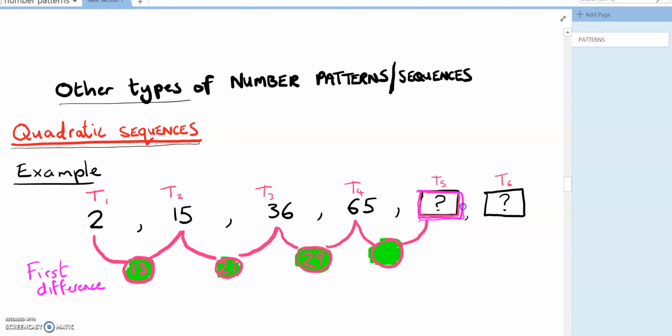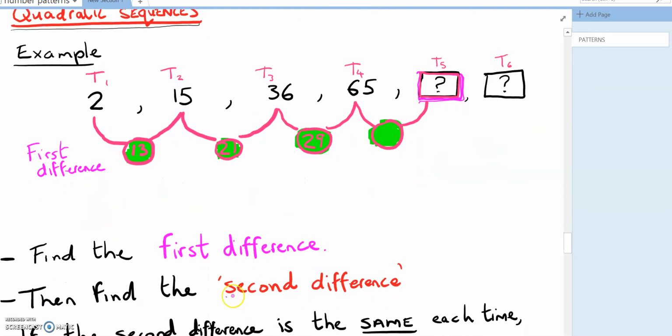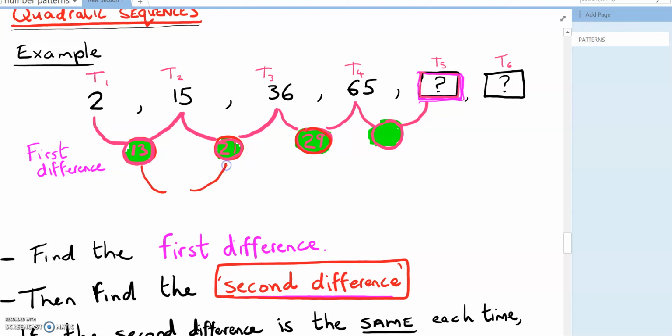Now, in order to find what this is, we need to find what's called the second difference. We're going to do that in red pen. The second difference is the difference between the differences. Okay? So what's the difference between 13 and 21?